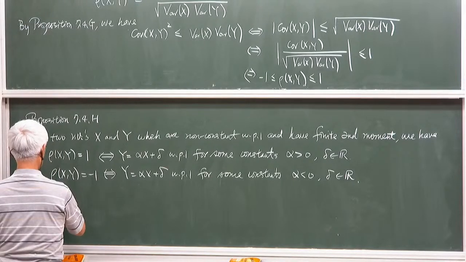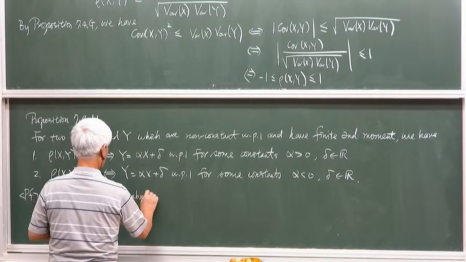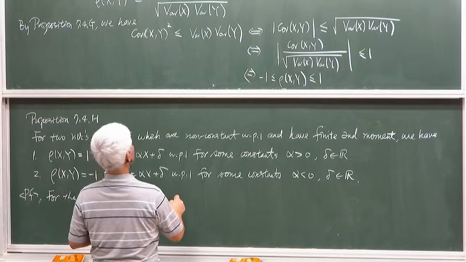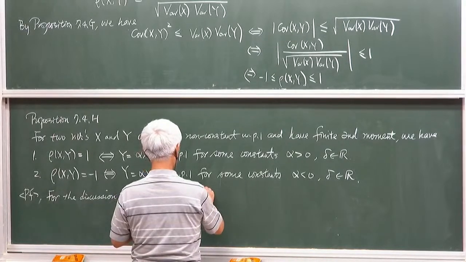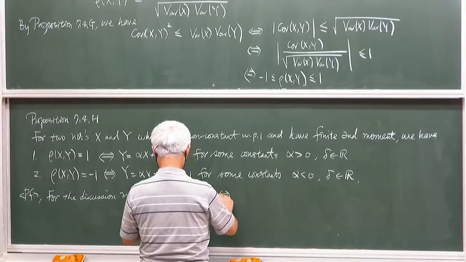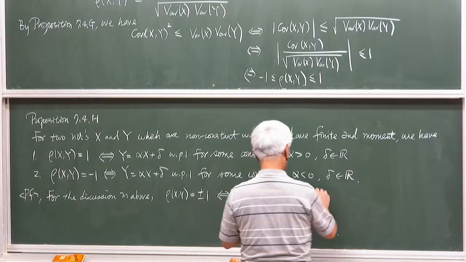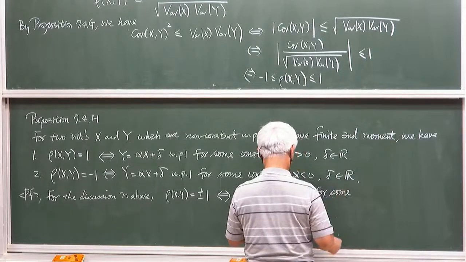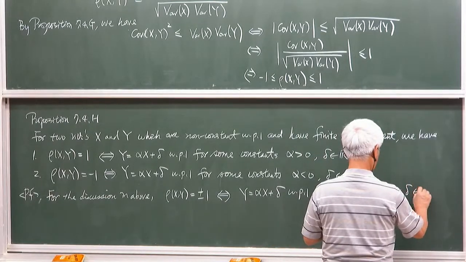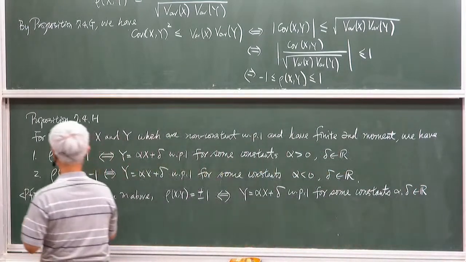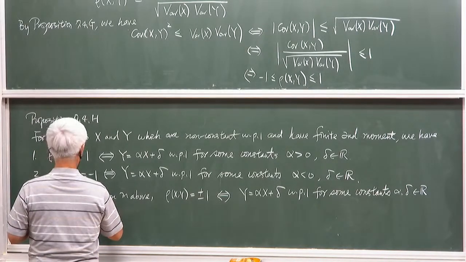From the discussion above, we know that rho XY equals plus 1 or minus 1 if and only if Y is equal to alpha X plus delta with probability 1 for some constants alpha, delta in R, by proposition 7.4.2.